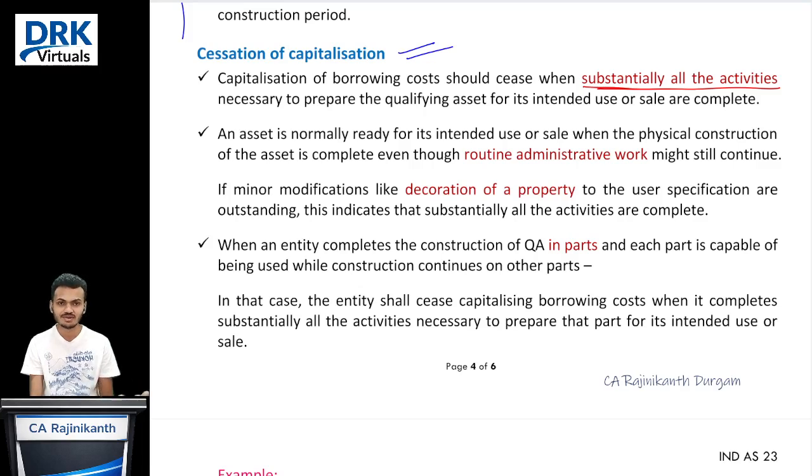Thereafter, we should not capitalize. We should charge to profit and loss account. That's it. The standard is not saying that 100% should be completed. The standard is saying that when substantially all activities are completed, you stop the capitalization.